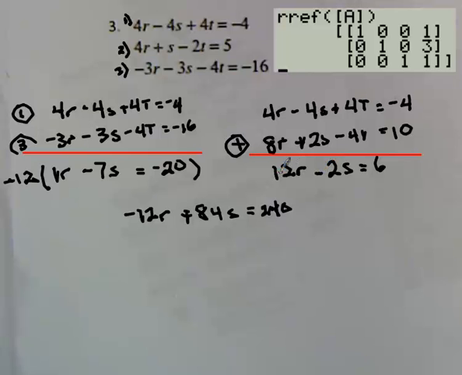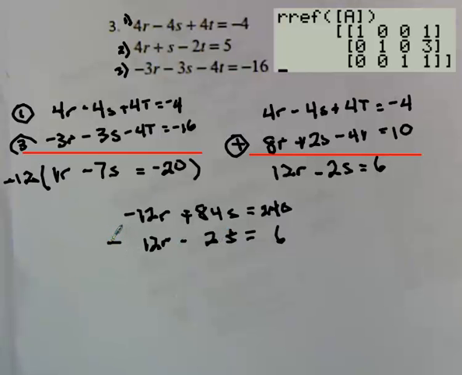Bringing this equation down, so this was brought down to this. Now we're going to just throw this one right underneath, positive 12r minus 2s equals 6.